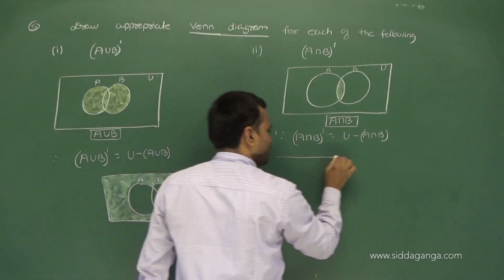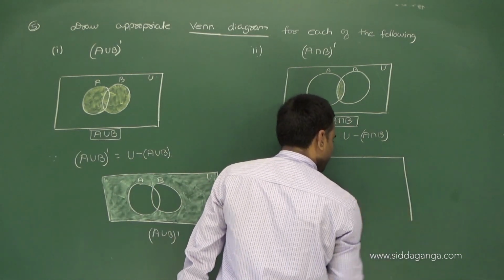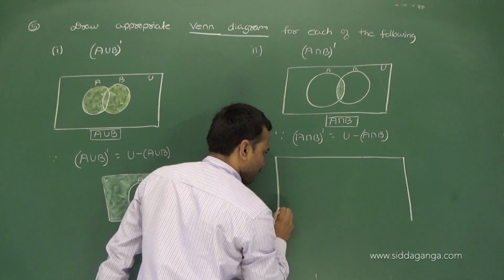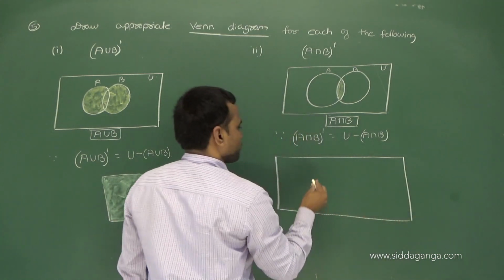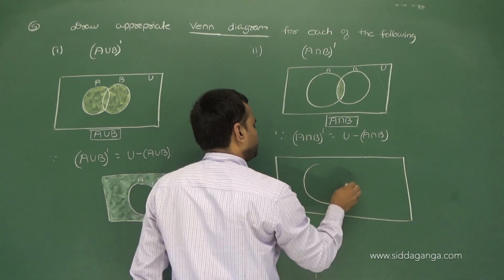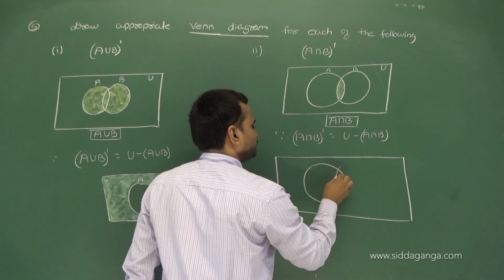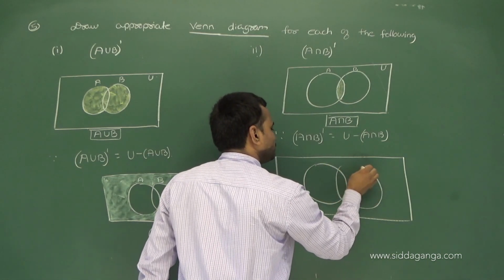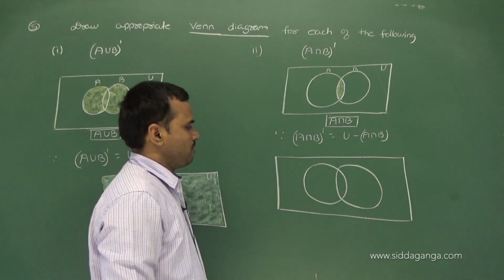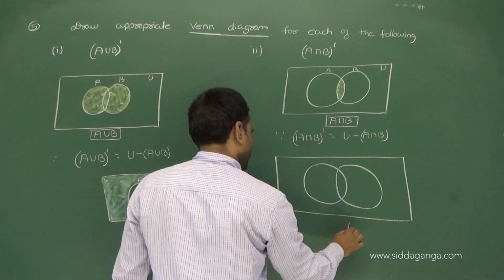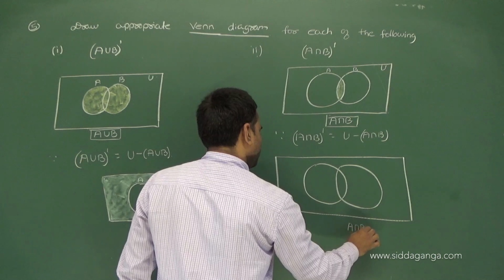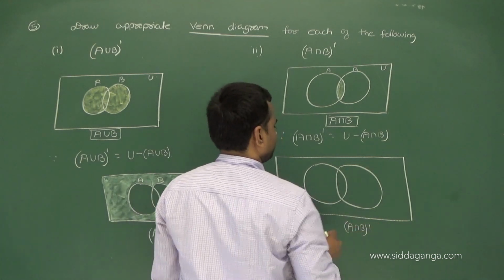We draw one more. So what do we write here? We write (A intersection B)'.